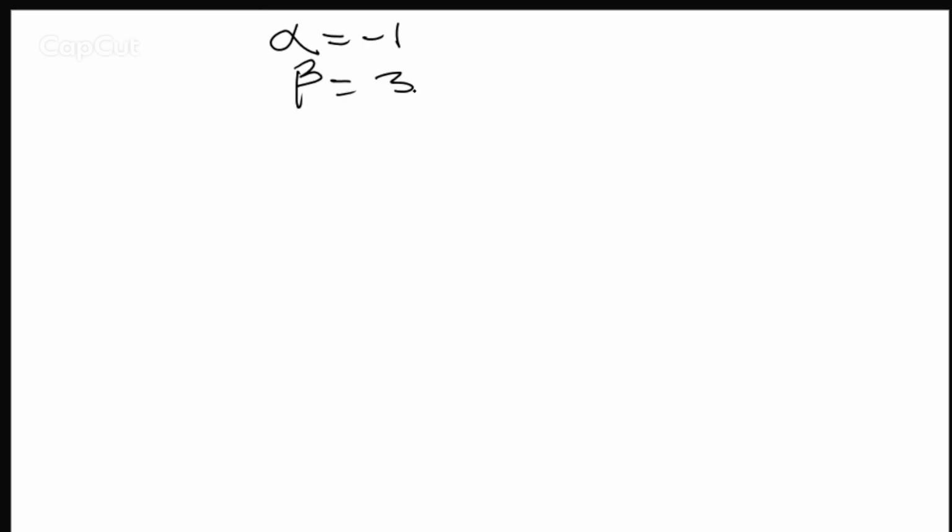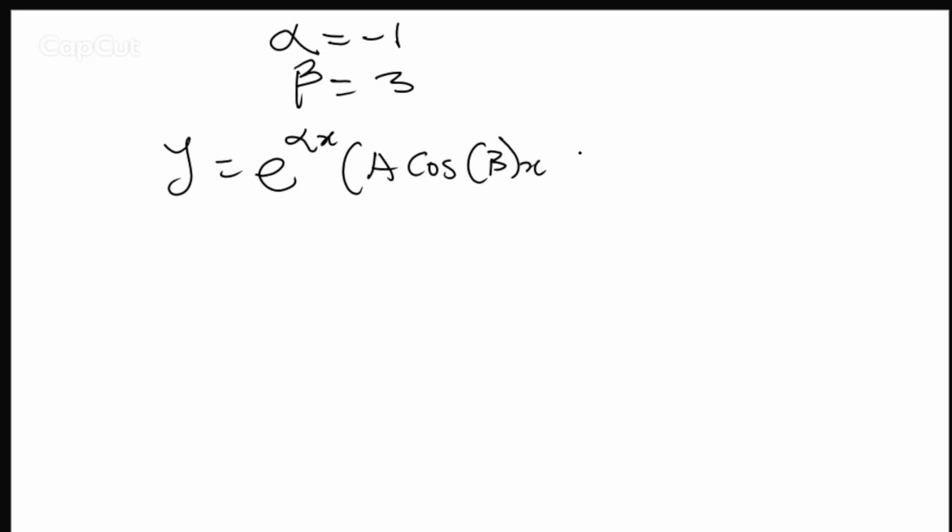So what will be the solution to our equation? The solution will simply be y equals e to the power of alpha x, into a cos beta x plus b sin beta x. Are we together?